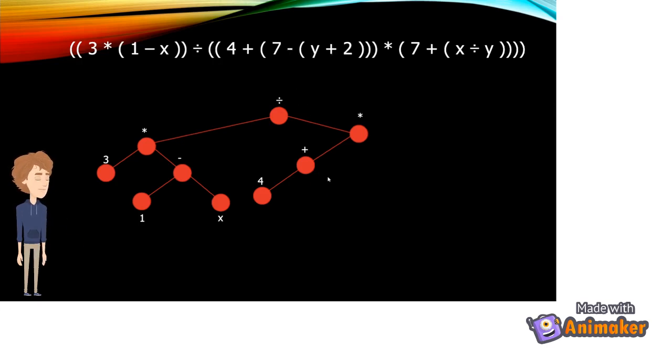So the minus is going to be the parent to 7, and as we said earlier, the operator will always be the parent, which in this case y plus 2, so we write it as plus as the parent into its offsprings of y and 2. And then we're going to move on to the right argument right here, which only has 2 operators covered in brackets. So one left, one right, and then it's an operator right here.